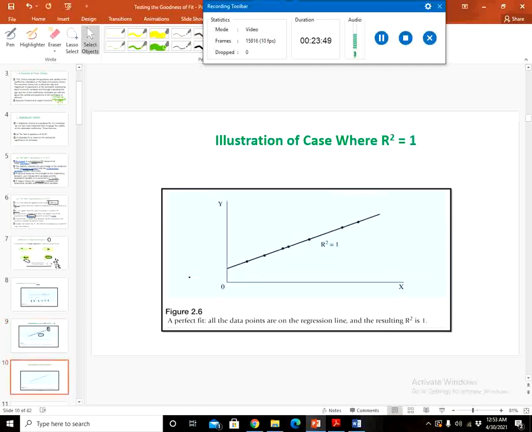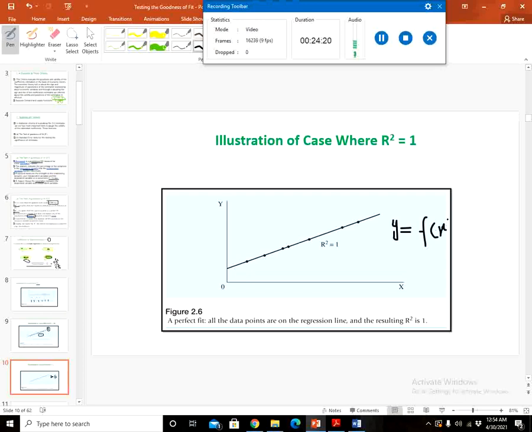Again we see here a perfect relationship between x and y. The variation in x is equal to the variation in y, and x, the independent variable, explains 100% of the variation in y.